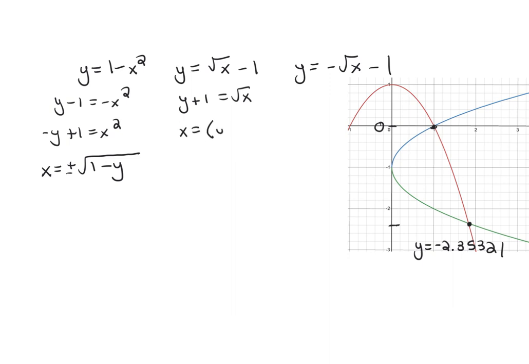So x equals y plus 1 squared. And then if we solve this one, y plus 1 equals negative square root of x. Negative y minus 1 equals square root of x. And then if you think about taking out a negative 1 before we square it, so now you square both sides.